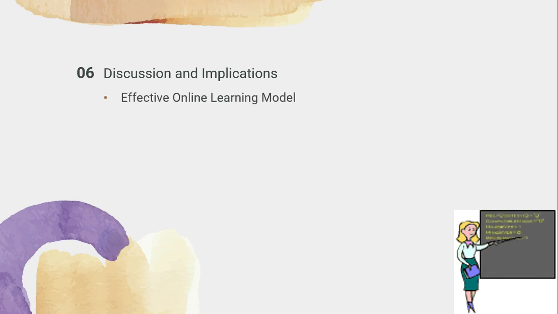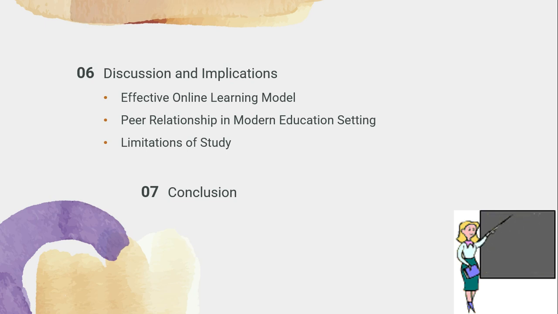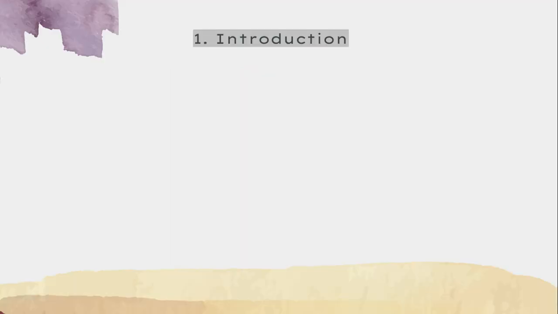There is effective online learning model, peer relationship in modern education setting, and limitation of this study. And at the end of my presentation, I'd like to present some conclusion points. So to save time, let's get started with the introduction.